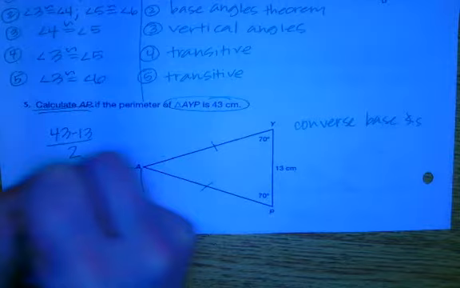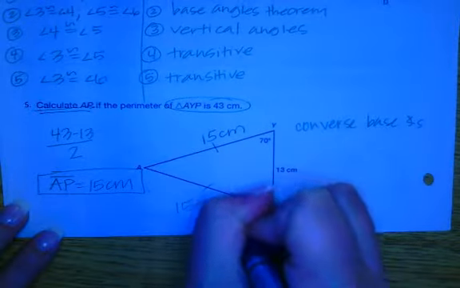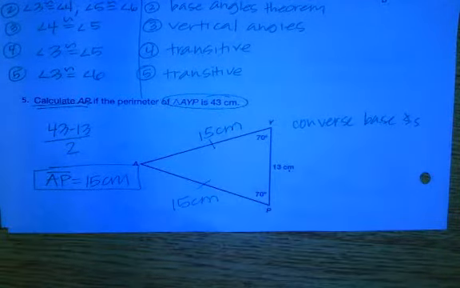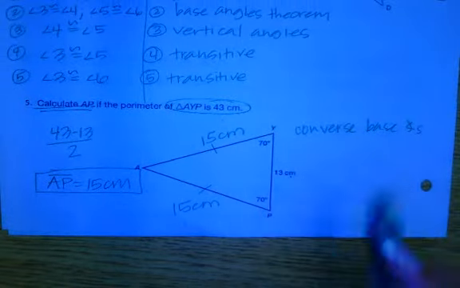So 15 centimeters here, 15 centimeters here, 15 plus 15 plus 13 is 43. Yes, because you would not be able to solve this had they not been there, because you never want to assume that this would have been a base.